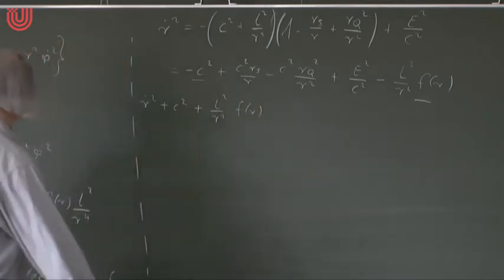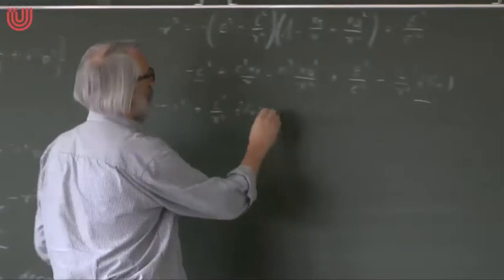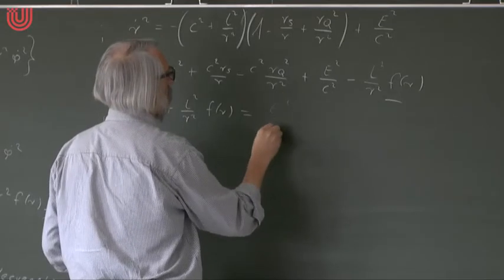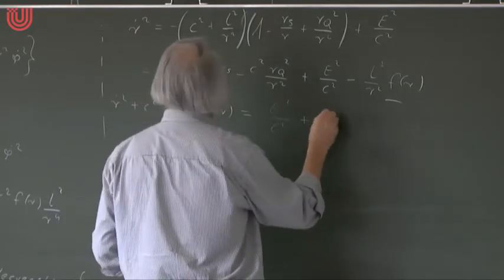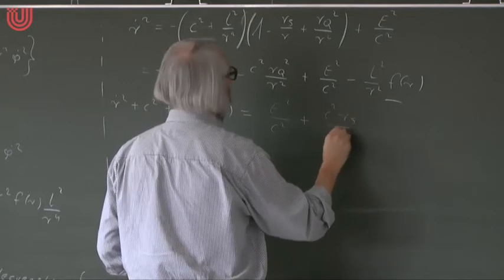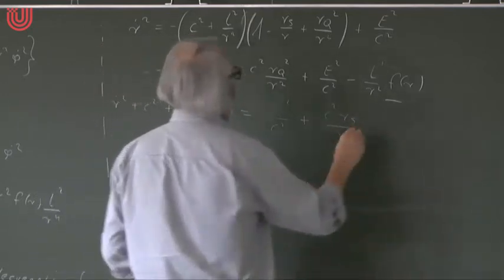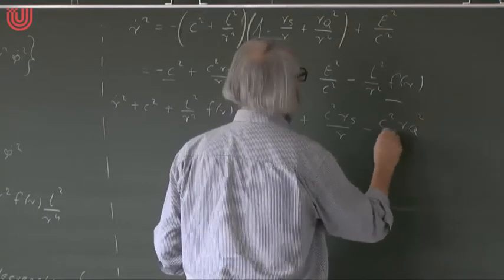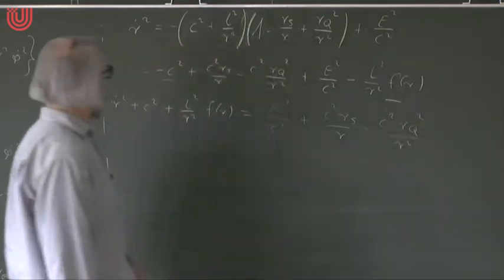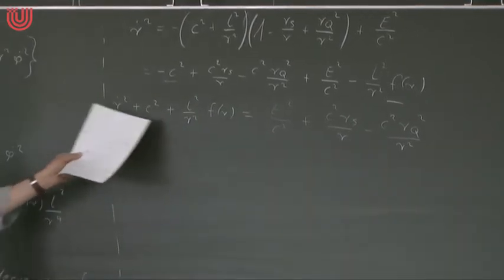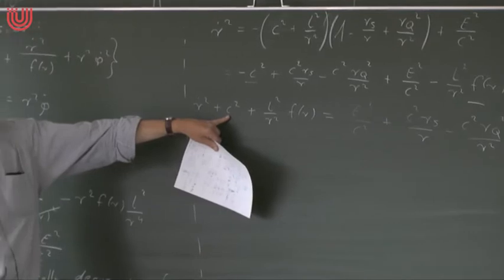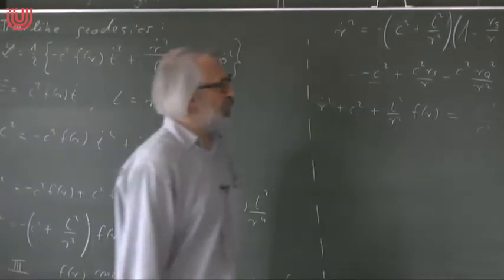Yeah, because I'm in the region 3, and in the region 3, f of r is positive. Yeah? And what do I have on the other side? I have E squared divided by C squared plus C squared Rs divided by R minus C squared RQ squared divided by R squared. And because this is definitely positive, it's strictly positive, even because C squared is definitely not 0.